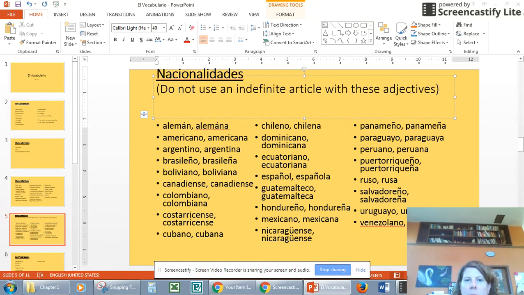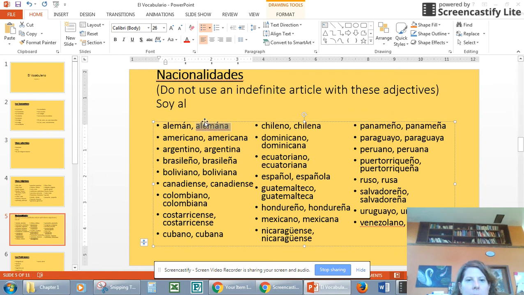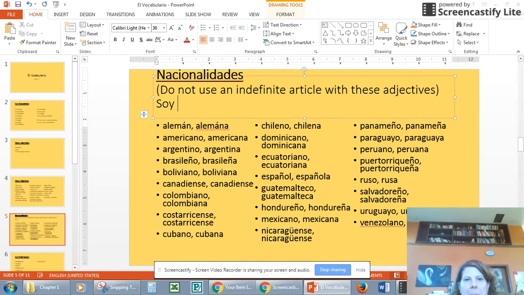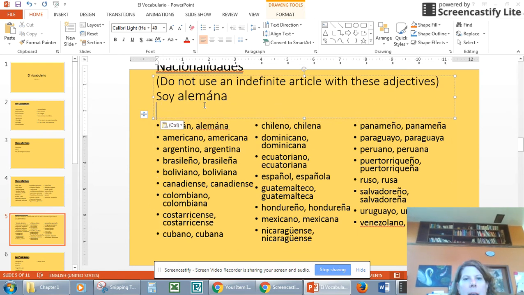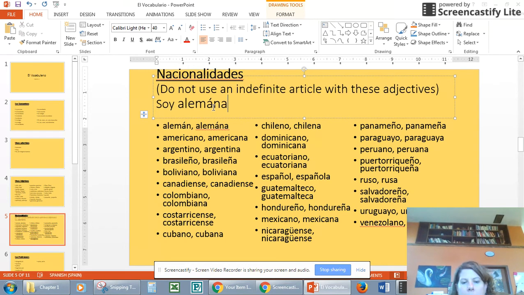So, if I want to say I'm German, because I am part German, talking about myself, soy alemana. I don't want to say soy una alemana. That wouldn't be correct. So that's what I mean by the do not use an indefinite article with these adjectives.